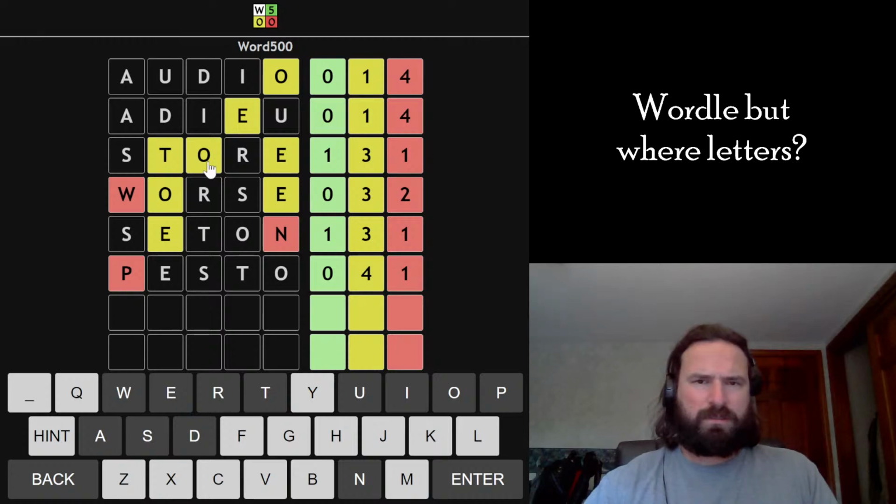East. How do I get a green from this and a green from store? Is it the S? Does the S go first? If the S goes first, what goes second? And where do the vowels go?